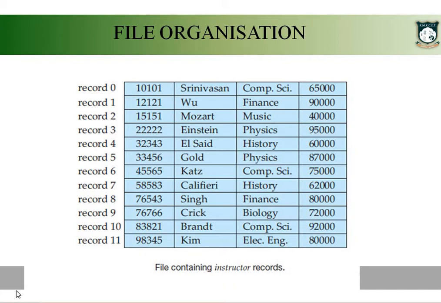Now totally each record will be taking 100 bits, right? So each record will be taking 100 bits. Now the point is, in fixed size record, whether the record is using the 100 bits or not, irrespective of that, it will be reserved for each record.